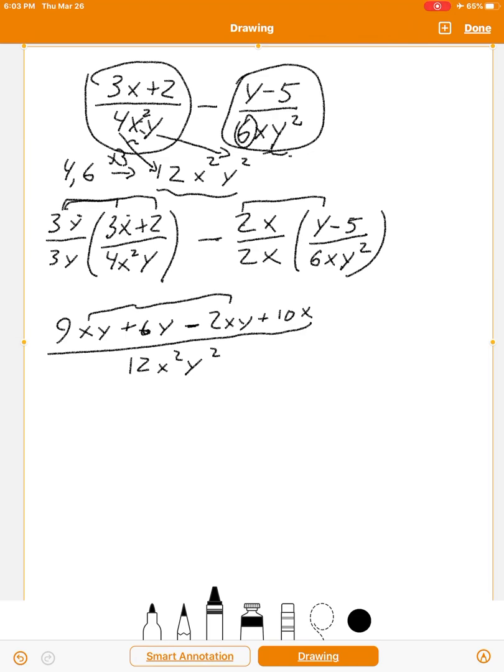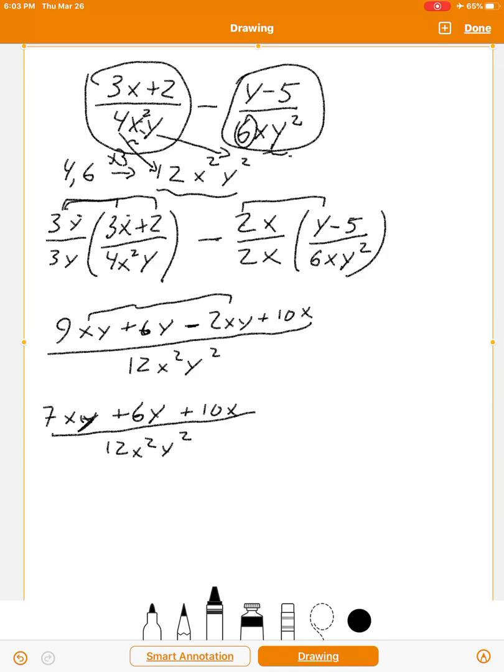Those are the two like terms, x and y. So 9 minus 2 is 7, so 7xy, and then you got 6y, and then you got 10x. And then again, this is over 12x squared y squared.